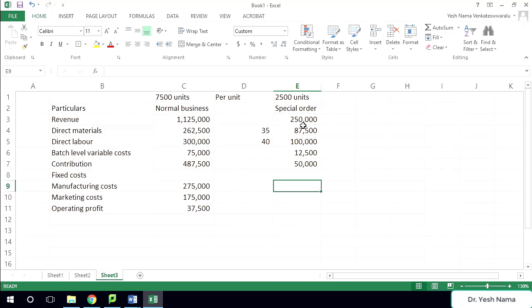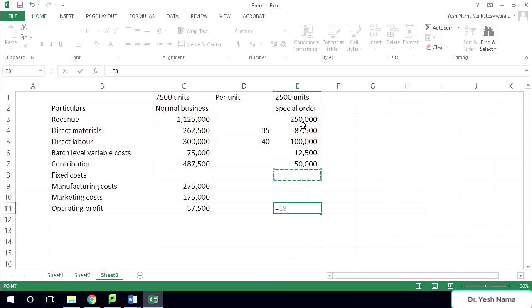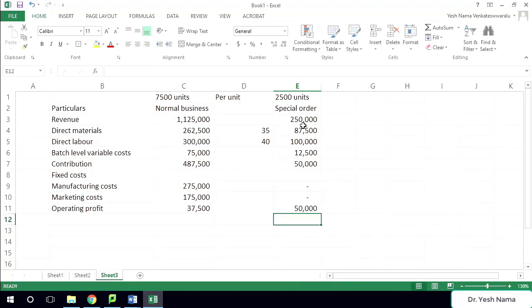Will we have any additional fixed costs? Fixed costs are the same, irrespective of the level of output, so we will not have any additional fixed costs. Operating profit will be contribution minus fixed cost, which is 0. In this case, with no additional fixed cost, profit will be 50,000. Will you accept the order?